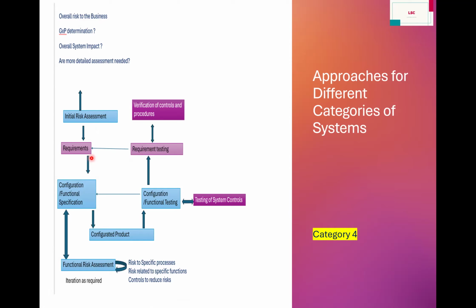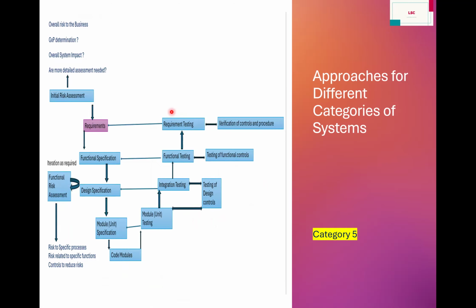After that, our configuration and functional specification are performed, and then we perform the functional risk assessment, in which we can approach iteratively also, looking at risk to specific process, risks related to specific function control, and reduce the risk. We achieve our configured product, and then our configuration and functional testing play an important part, where we identify any risk and mitigate that with our testing, and requirement testing and verification control and the process.